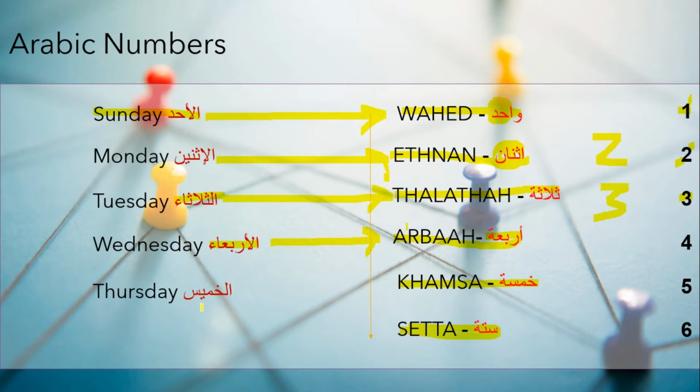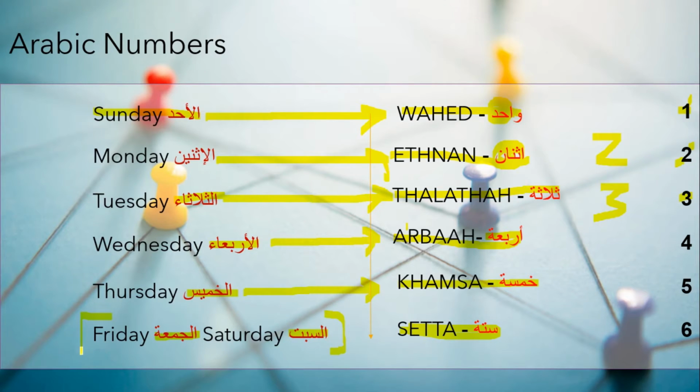So these 5 days match the Arabic numbers. However, for Friday and Saturday, let us name them for you. It will be al-jum'ah, as-sabt. Al-jum'ah is Friday and as-sabt is Saturday.